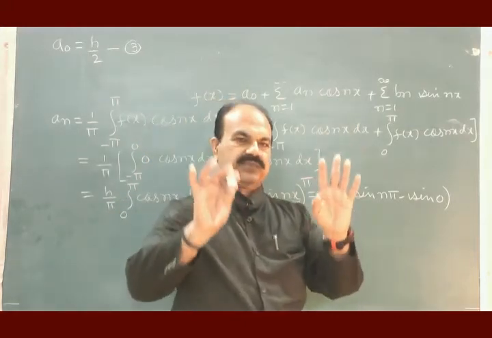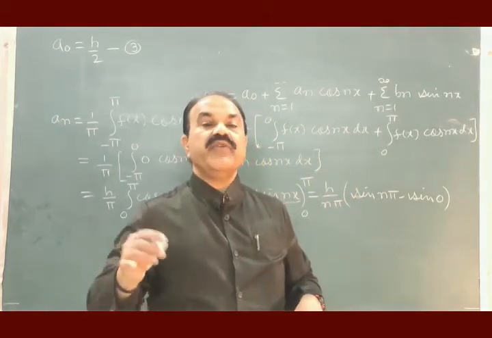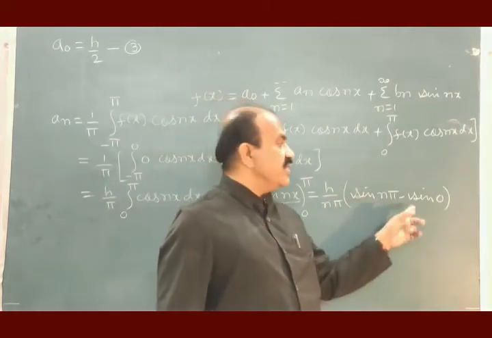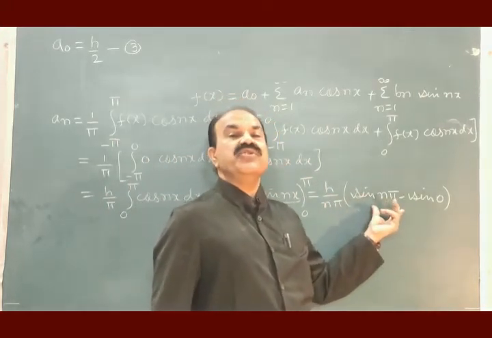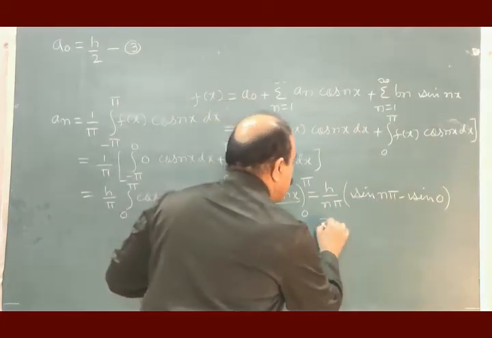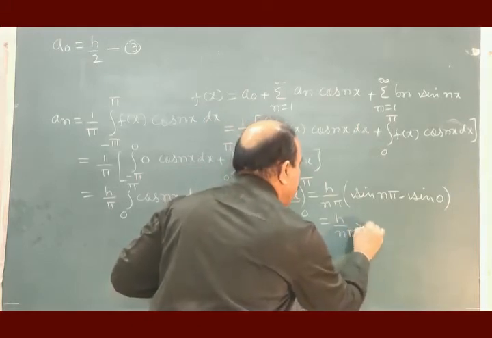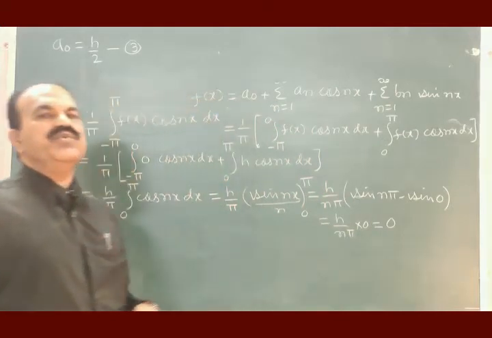And so on. For every integral multiple of pi, sin is 0, and sin 0 is 0. So this bracket is 0 minus 0. 0 minus 0 is 0, and this is h divided by n pi into 0, that is equal to 0.